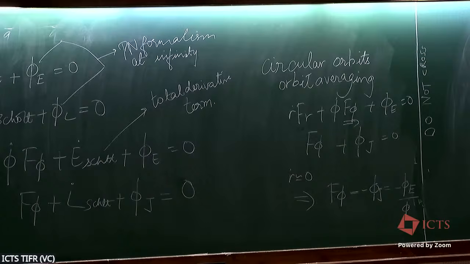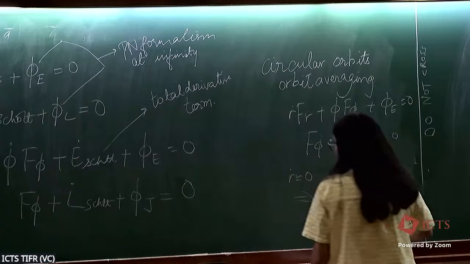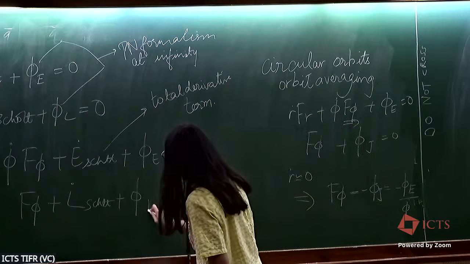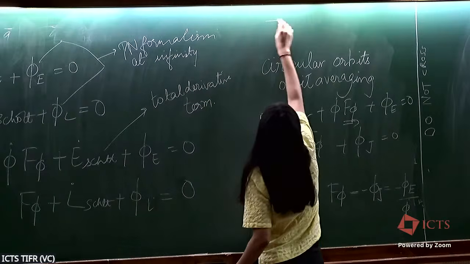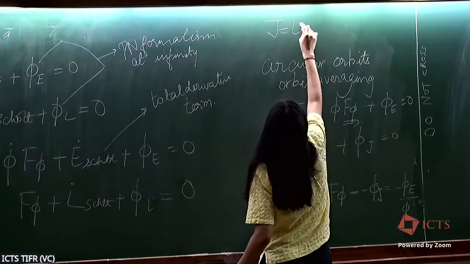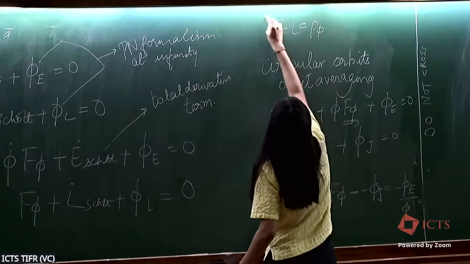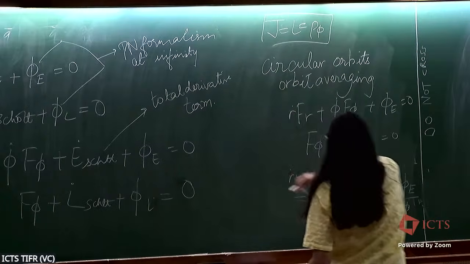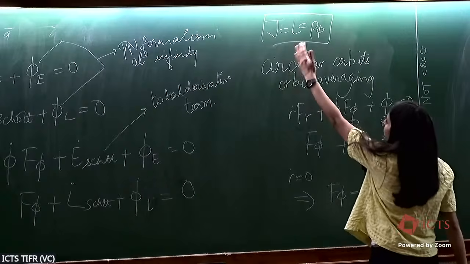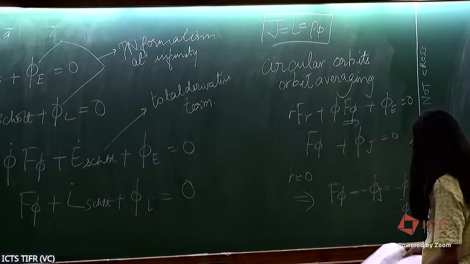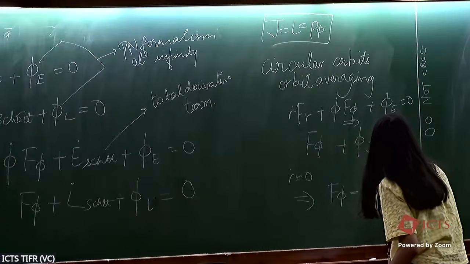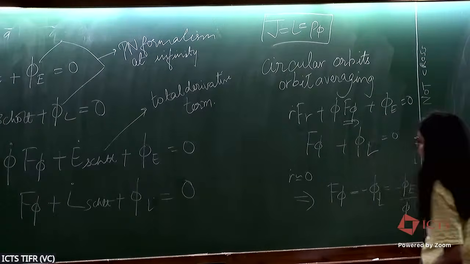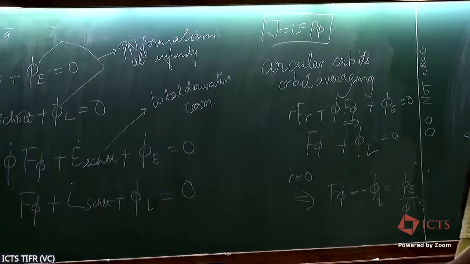It's the same: J is equal to L. It's the angular momentum written in different ways. Okay, now I think we are consistent.